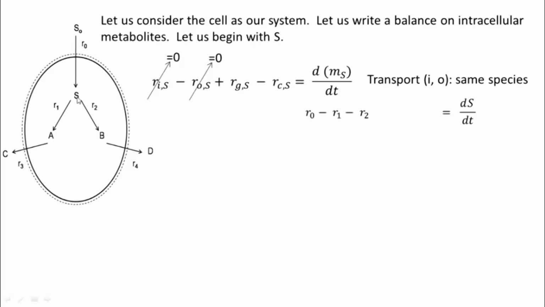Whereas there is definitely a rate of generation and a rate of consumption. The rate of generation is R0. The rate of consumption is through these two reactions, right? Therefore, minus of R1 plus R2, that becomes minus R1 minus R2, and that equals dS/dt.